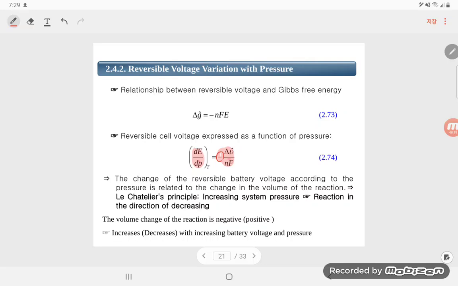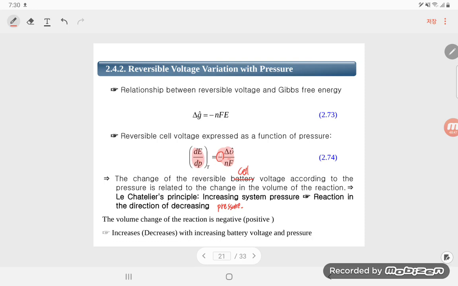So the change of the reversible cell voltage according to the pressure is related to the change in the volume of the reaction. It is related to Le Chatelier's principle. If we increase the system pressure, then reversely, the reaction occurs in the direction of decreasing the pressure.